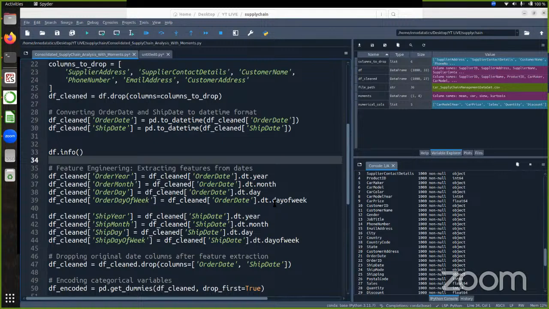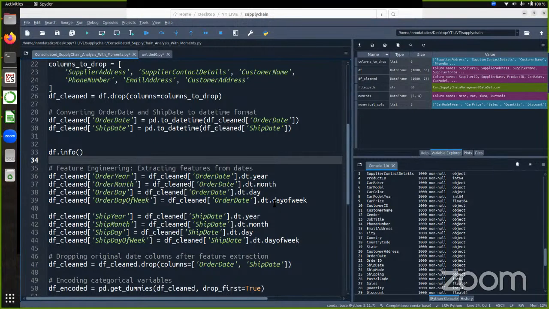If I place the order on a Sunday and the supplier is not working on a Sunday, or we say that the order was delayed because the supplier was late, it doesn't make any sense.